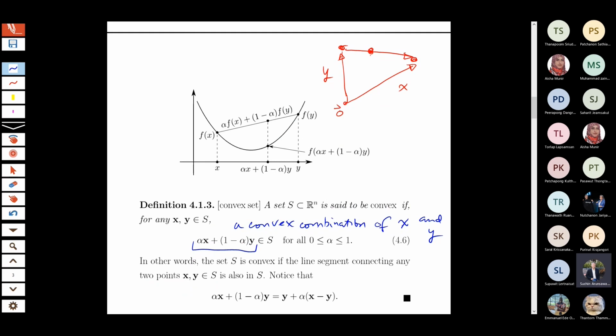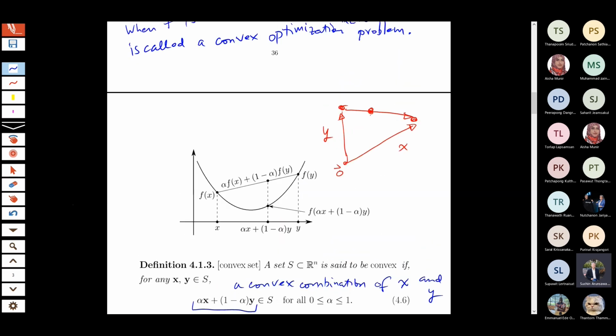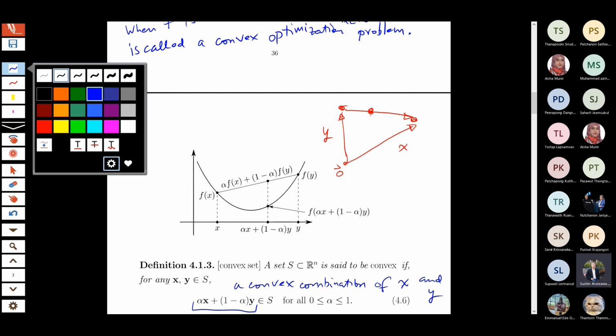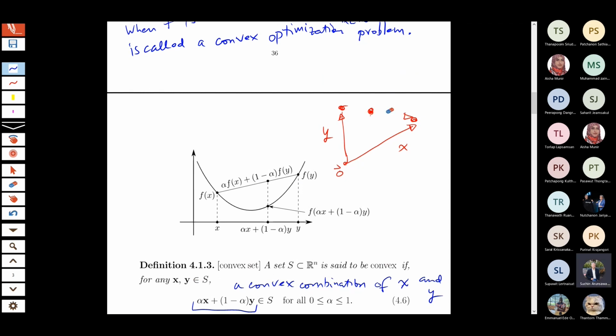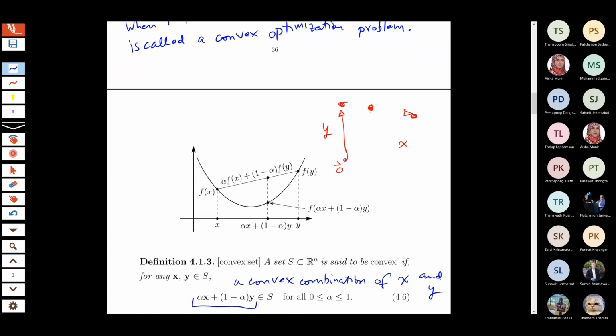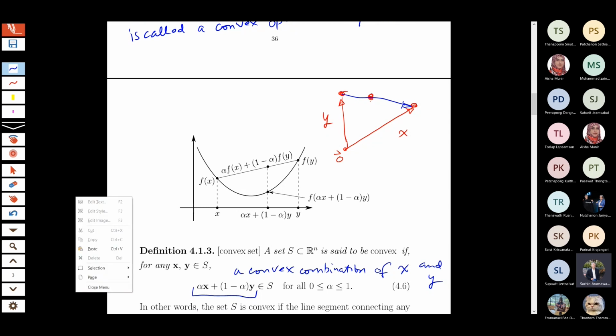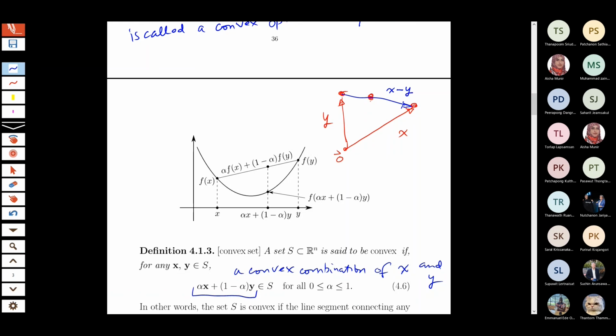So if this is y and this is x, then the vector in blue is x minus y, right?